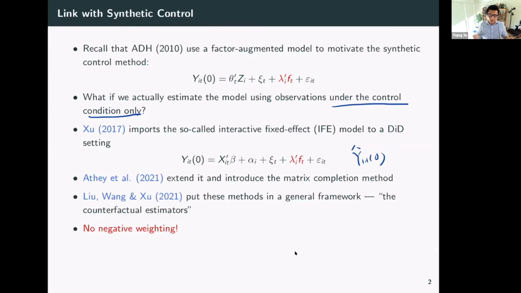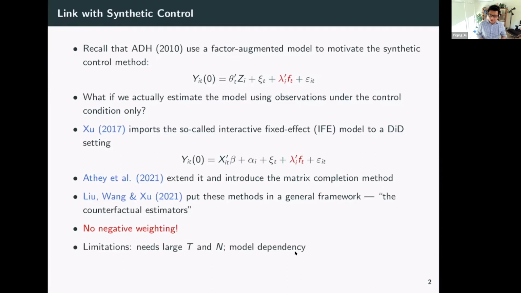So we at the same time fix the negative weighting problem. We also fix the variance weighting problem, right? The ATT is not variance weighted; it's basically the uniformly weighted unit average ATT. So that is another neat thing. It's extremely simple: just simply not using the treated data to build models, and then you address both issues at the same time.